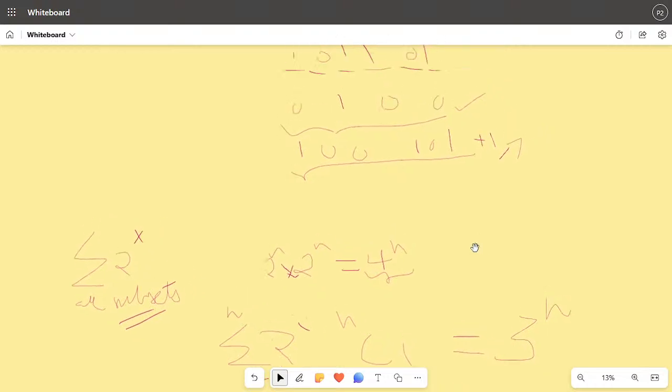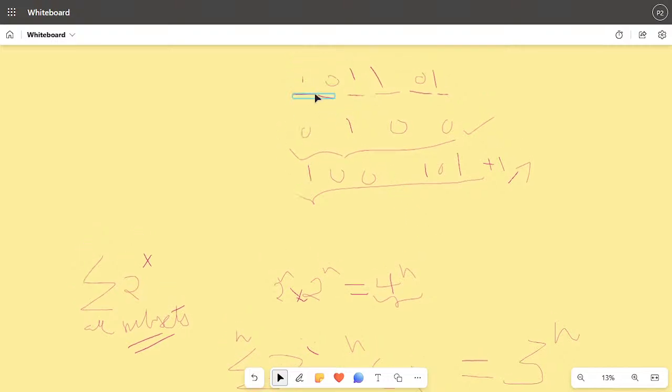If I want to have a subset of a subset, then I have to choose two numbers, and for each bit position the bits can be 1 1, 0 0, or 1 0.